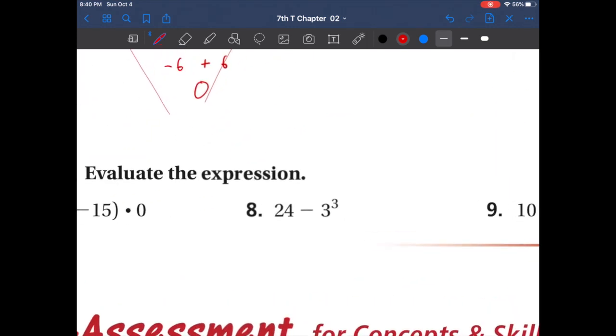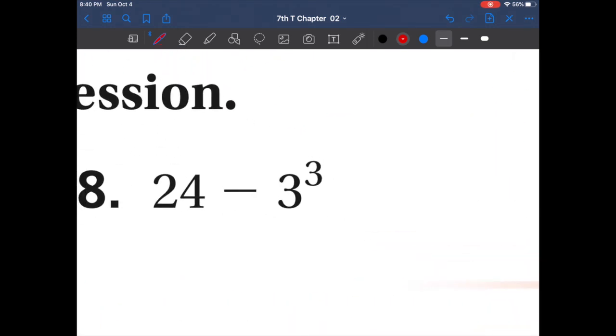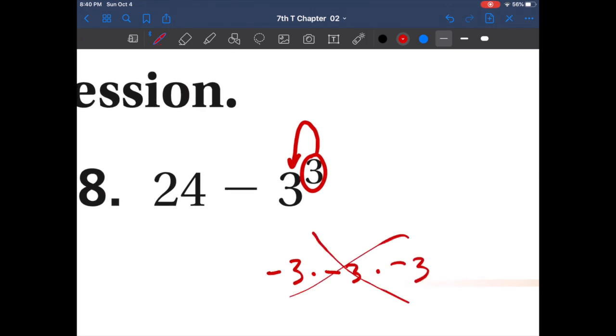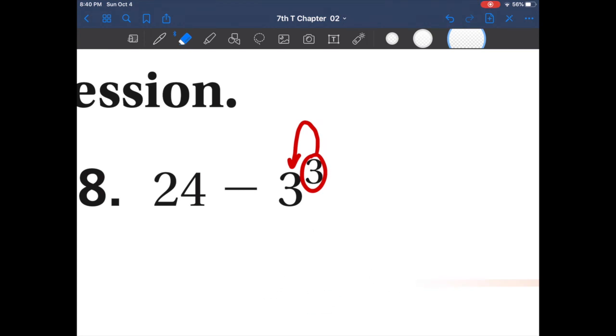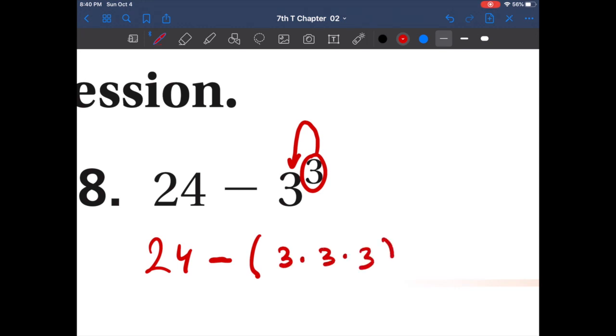All right, let's do one more question because I see it right here. Let's see, what is this 3 telling me right here? Is that telling me to do -3 times -3 times -3? No, that is not right. That is telling me, so watch this, it's 2 to the 4. We have minus, and then we have 3 times 3 times 3.